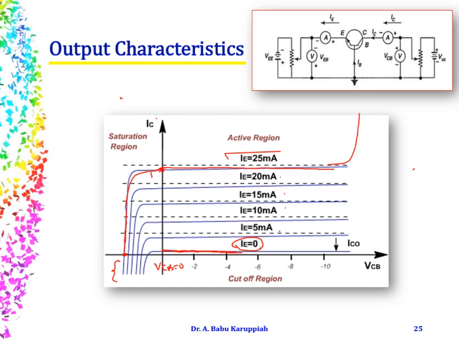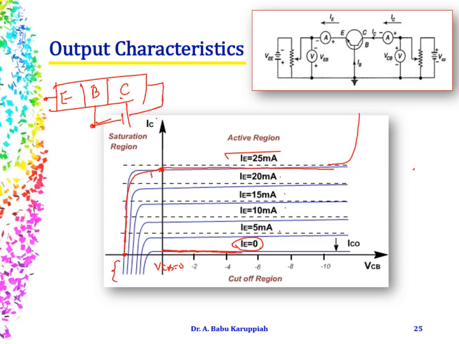So VCB is reverse biased. So this is how it is: emitter, base, and collector. This is IE equal to 0, which means that you have open circuited. You have not connected any supply. You're open circuited, but you have reverse biased your output terminals.